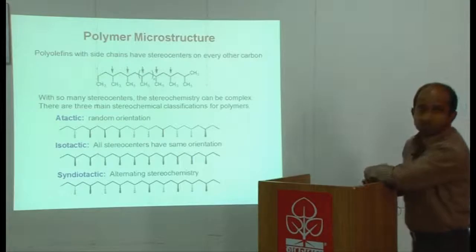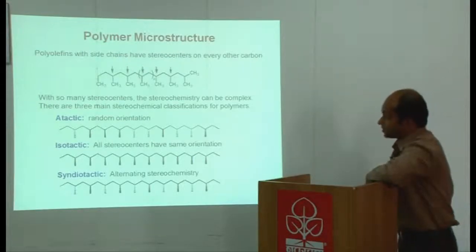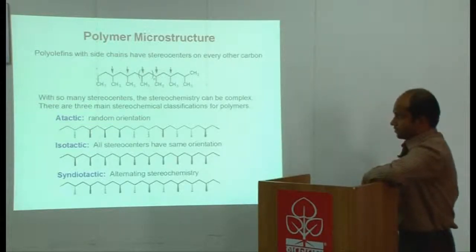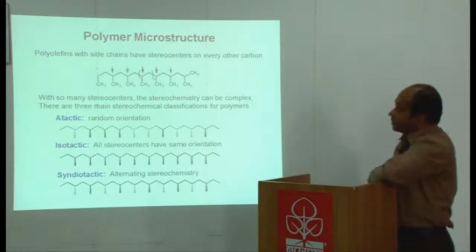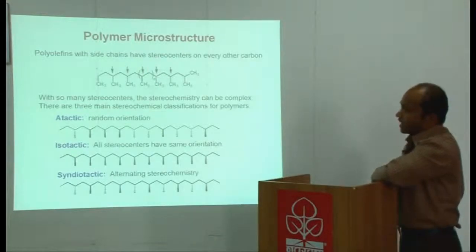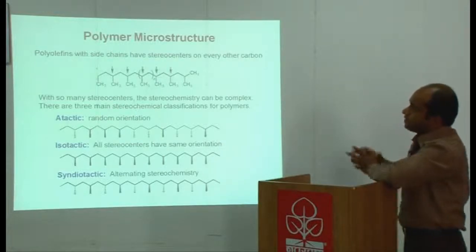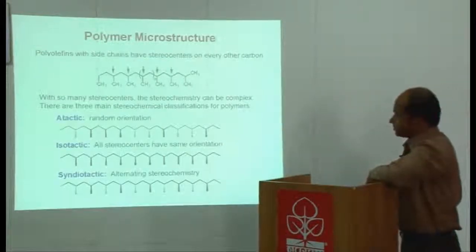Now let us discuss polymer microstructure. There are different types of microstructures which can result from the reactions that take place in case of a polymer. Let us take a simple example of a polyolefin.